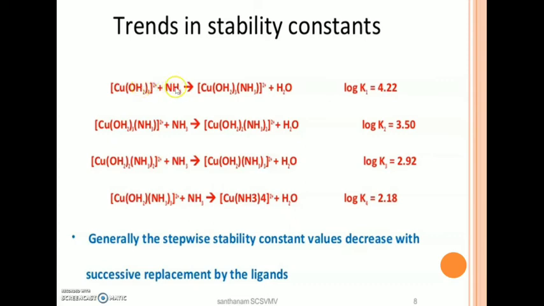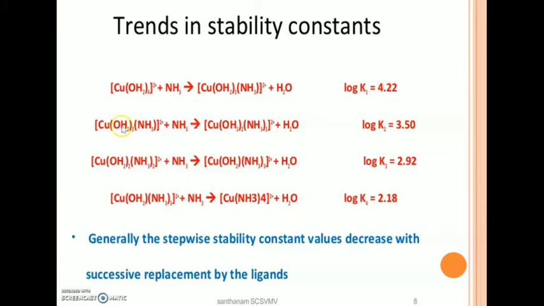In the first step, one NH3 molecule replaces one H2O molecule, forming [Cu(H2O)3NH3]. Here one water molecule is eliminated and a new complex is formed, and the first stepwise stability constant is K1, with log K1 equal to 4.22.